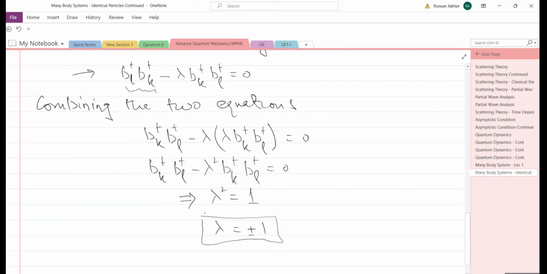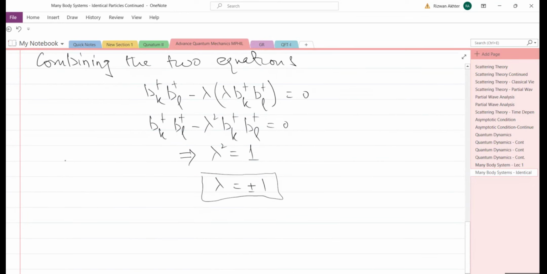And then there are two basically solutions. One is plus and the other one minus. And these two solutions then will lead to two types of commutation relations. So that is, there are two types of solutions.